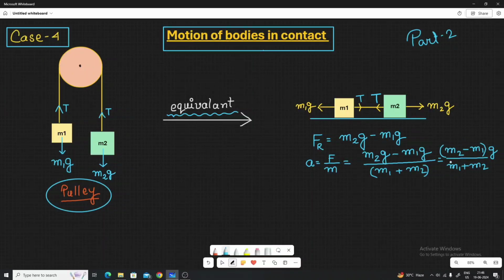Now let's talk about the tension. Now think of only the mass M1.